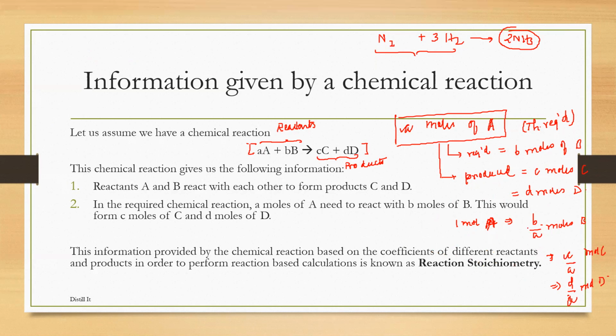So this is a very important piece of information that can be derived from a chemical reaction. On the basis of this particular information, we are going to do problem solving for chemical reactions.